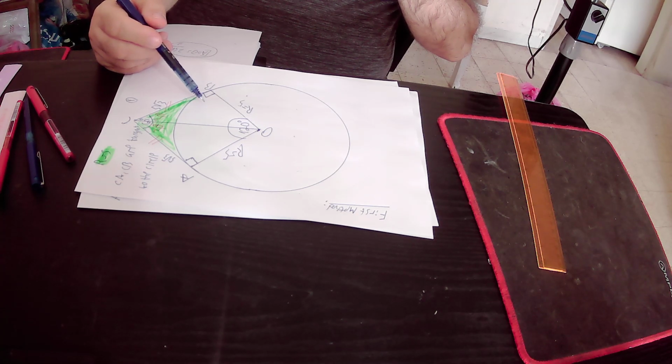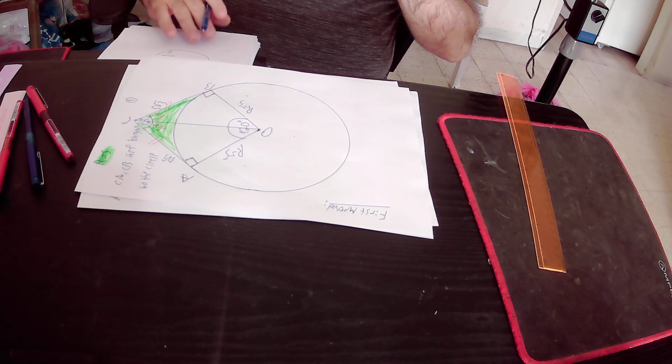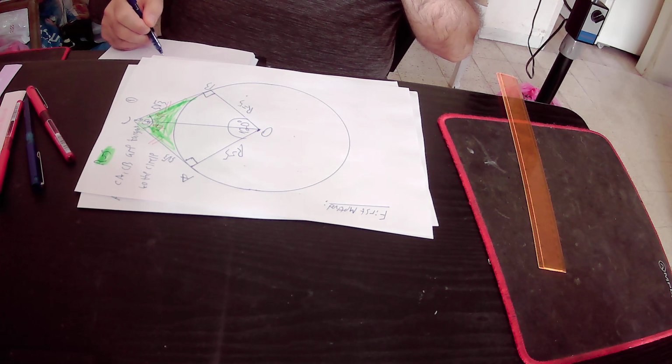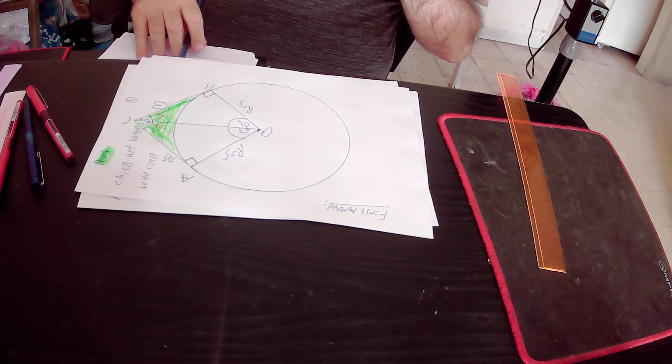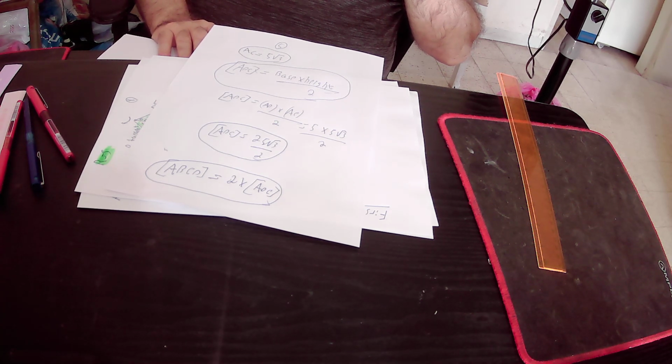But because the area of triangle AOC is equal to the area of triangle BOC, we can say that the area of quadrilateral ABCO equals 2 times the area of triangle AOC. Okay.